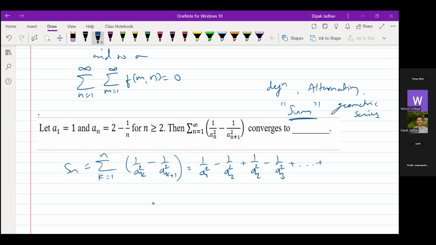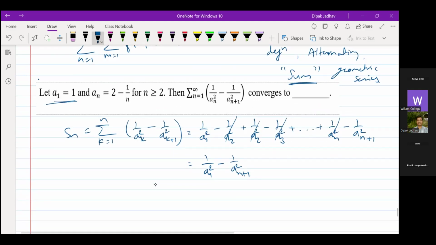Do you see that some terms are getting cancelled in between? What are all the terms? All these in-between terms get cancelled. We are left with 1 by a1 square minus 1 by an plus 1 square. A1 is already given. That's 1.